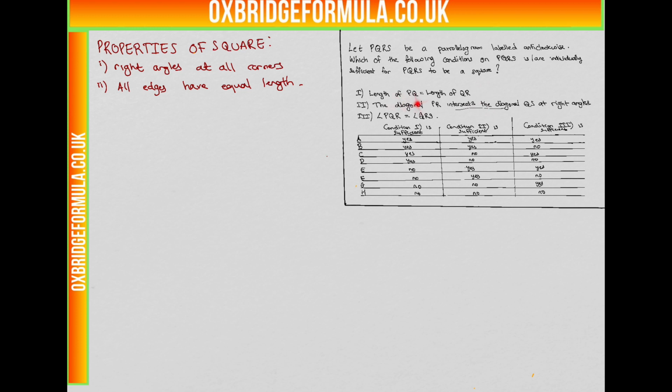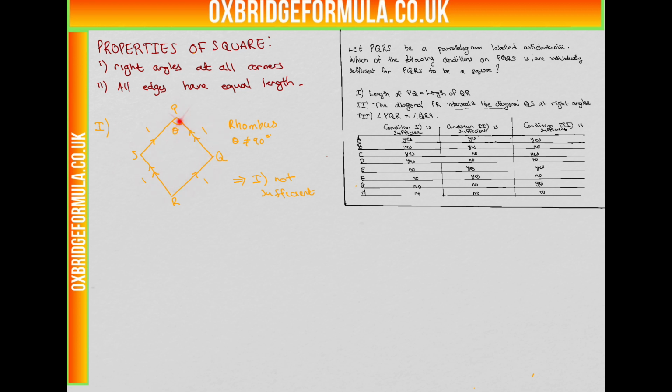Condition 1 is saying the length of PQ is equal to the length of QR, so that adjacent lengths are equal. If we draw a picture, then our parallelogram is going to look something like this. This is a parallelogram with all sides being equal. A counterexample to condition 1 would be a rhombus, because a rhombus has all sides equal, so the condition is satisfied, and it's a parallelogram.